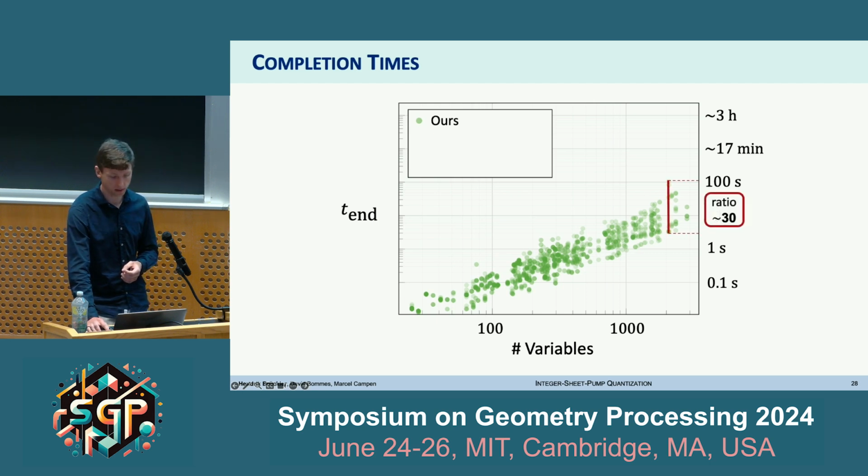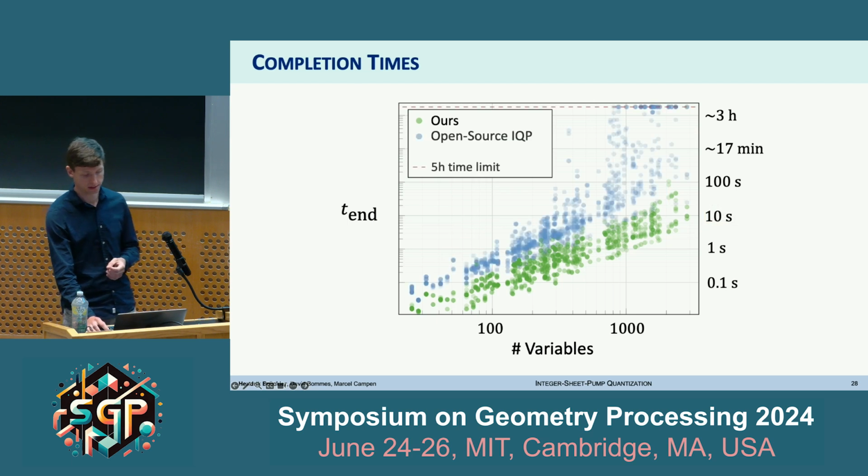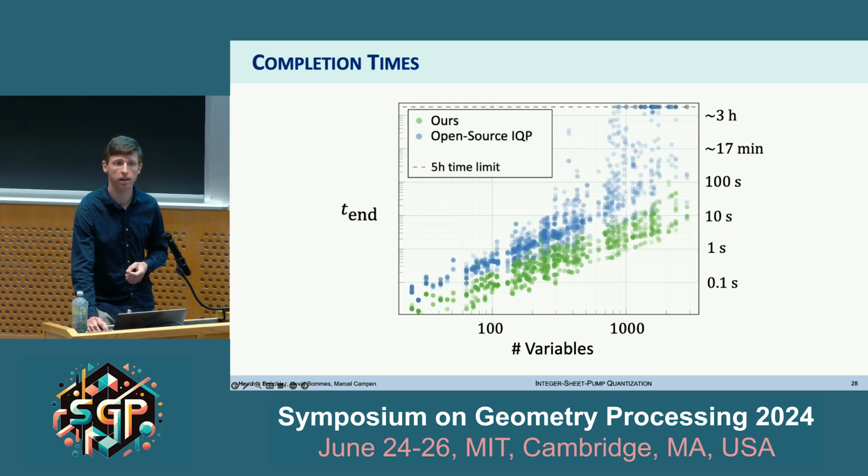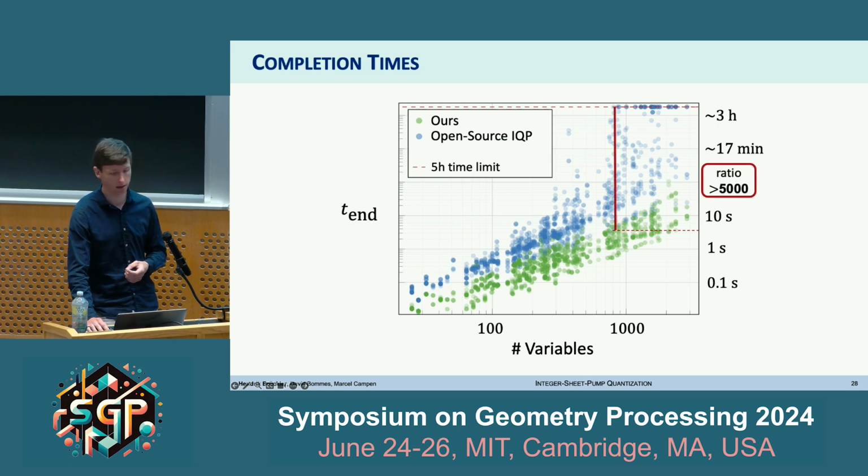The open source solver instead does not behave as nicely and varies greatly in runtimes. So we had to even enable a generous 5-hour time limit, and it is impossible to say otherwise how long it would have taken the solver to terminate on some instances. As a result, the maximum spread is quite high here.